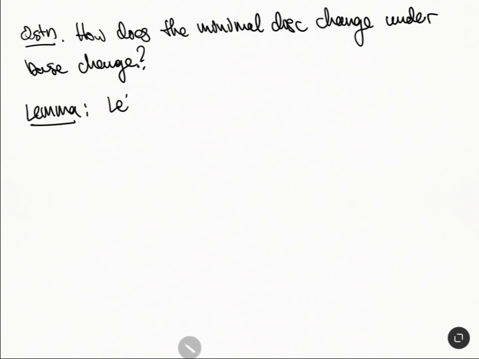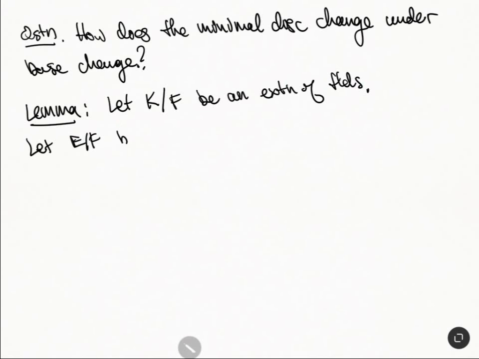Okay, so let's take a lemma. Let K over F be an extension of fields. So we'll let E over F be semi-stable. Then we have the following formula.